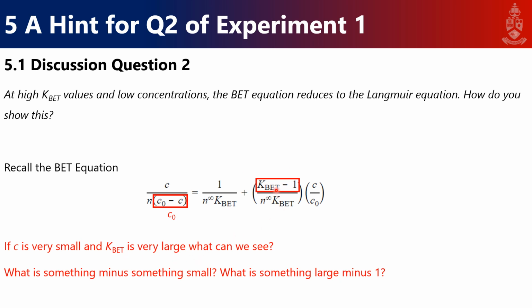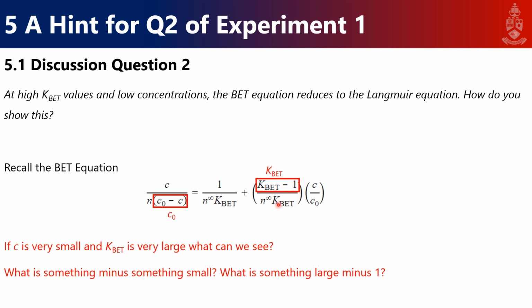So again, we have the same idea as we had with 1,000 minus 0.1, which gives us 999.9, very close to 1,000. In other words, this reduces also to KBET. So that is what it asks you to do. Now substitute that for C naught, substitute that with KBET, and then you'll see certain interesting things happen.